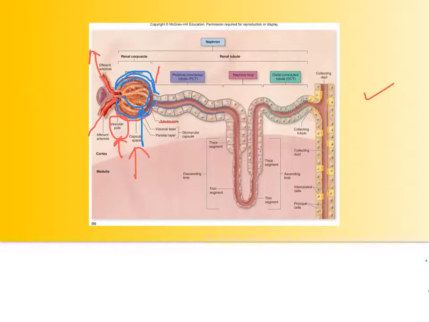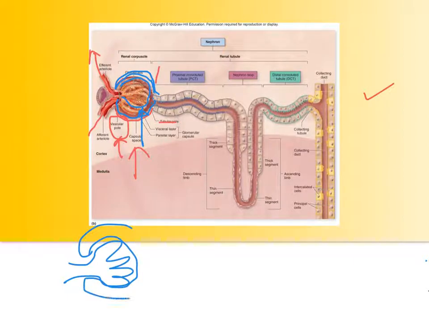I'll try to find another picture for you. So it kind of goes like this: if there's your glomerulus, this covers it like this, and this is space where the urine's going to collect. And you can see that on the models in lab.